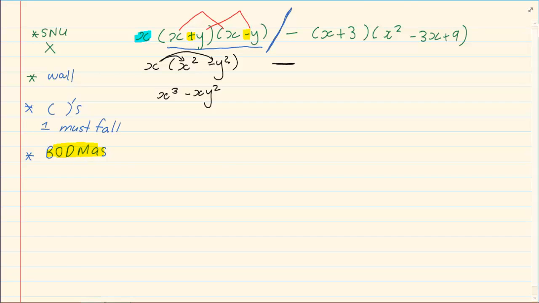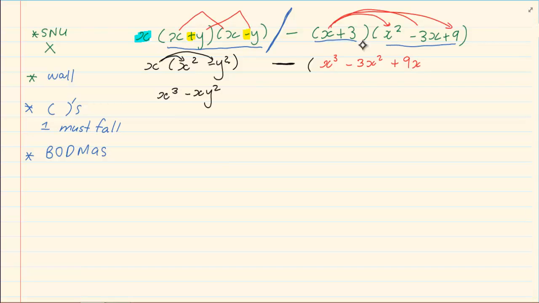So we're going to first sort out the brackets. Because it's a 2 by 3, we have to use the distributive law. Notice that I'm keeping only one set of brackets in my answer. x times x squared is x cubed minus 3x squared plus 9x.